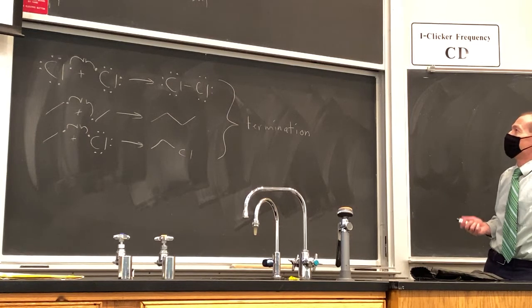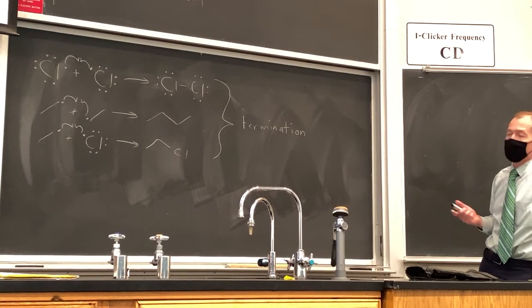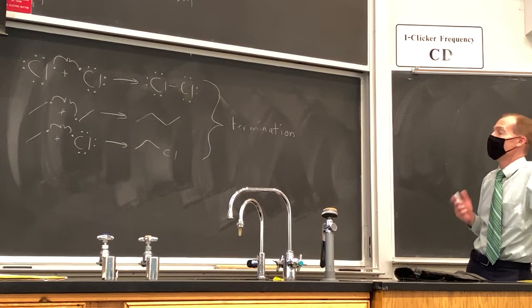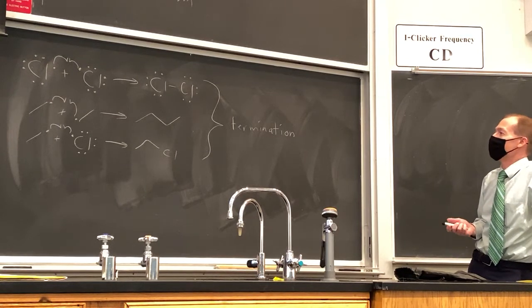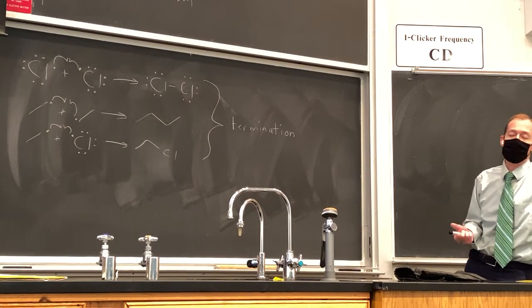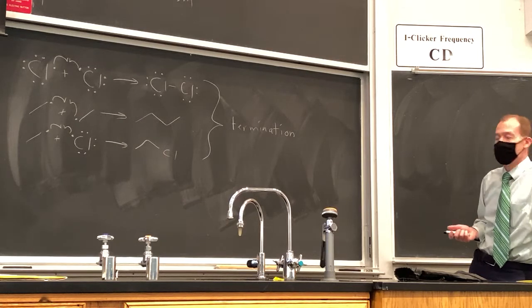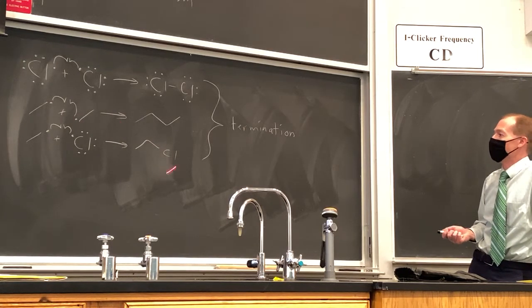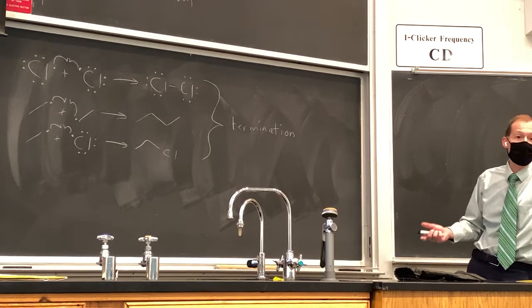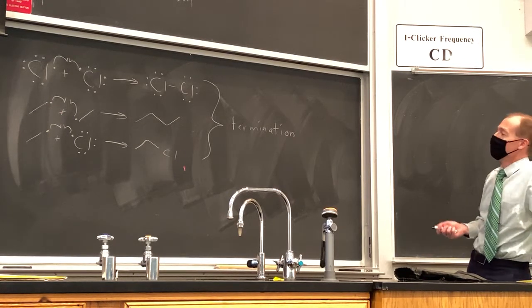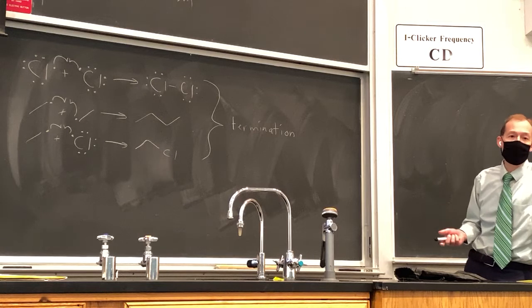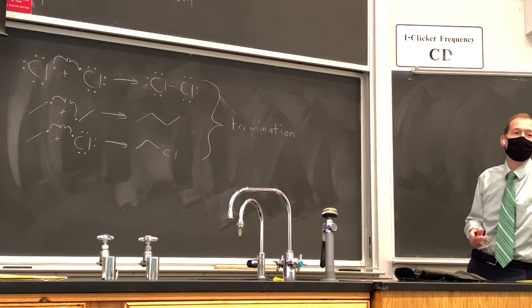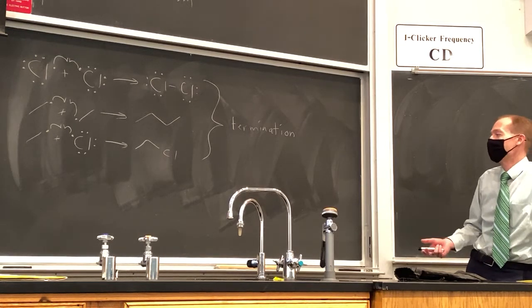And they're much less frequent than the propagation steps and even the initiation step because the concentration of the radicals is always low. But they will happen. So a small portion of our chloroethane that forms in this reaction will come from the termination process. We will get a small amount of butane in there, and we can detect that, and that's evidence of the radical mechanism.